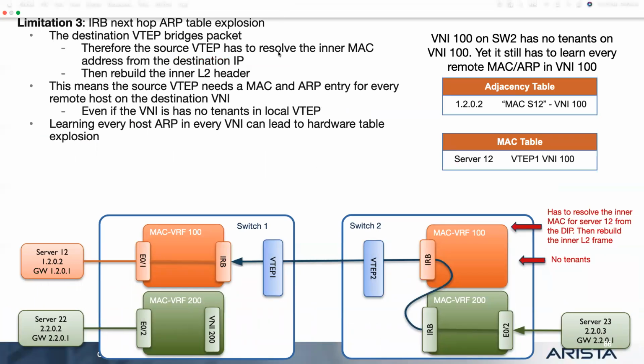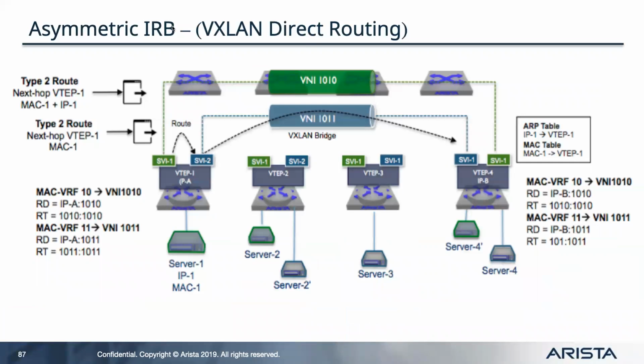Okay, so let's quickly go through so that we are done with this asymmetric concept, and next time we can go through configuration and lab. It's repetition of what we have discussed so far on VXLAN routing. This is server 1 and it wants to communicate with server 4, both in different VLANs, green and blue.